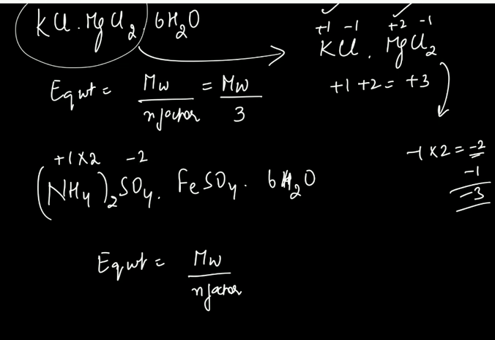Sulfate is -2 entirely. It's a radical. Iron over here is +2. How do I know? Because sulfate is -2. Do you see any bracket over here? We can predict from the formula also. So if you add it up, +2, this +2, then this +2, the total comes to +4 and -4. So the n factor will become 4. That's the common number over here for cationic or anionic. So for this salt, Mohr salt, the n factor will be 4.